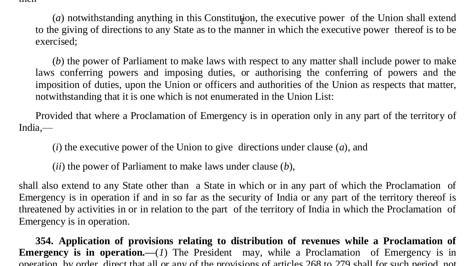A. Notwithstanding anything in this Constitution, the executive power of the Union shall extend to the giving of direction to any state as to the manner in which the executive power thereof is to be exercised.